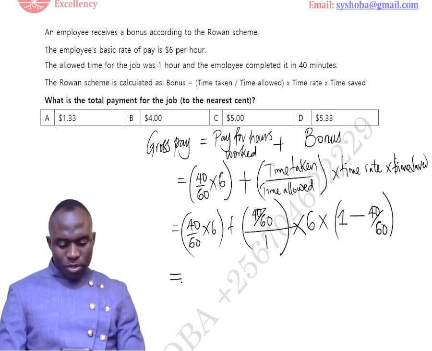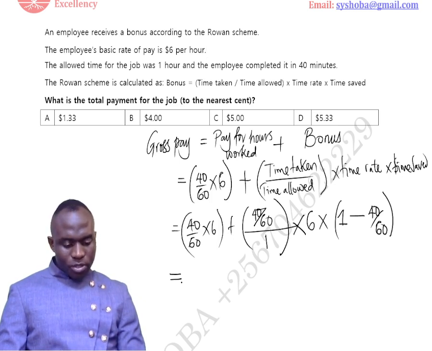So it is bracket, fraction 40 over 60 times 6, close the bracket, plus fraction, then again fraction, so it is 40 out of 60 divided by 1, then times 6 times bracket 1 minus 40 out of 60.